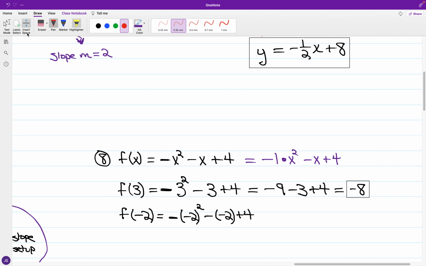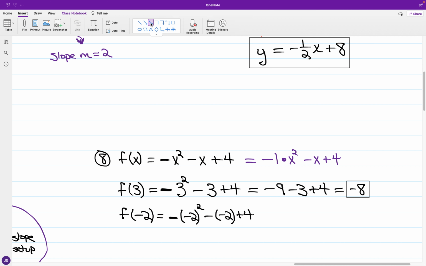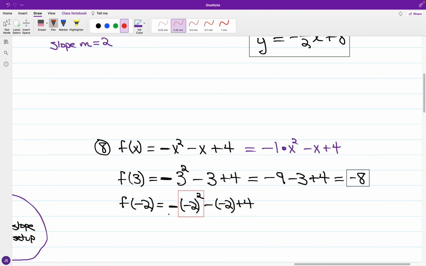Okay, now, let me mention, with the square of -2, just the square of -2, that would be 4, but I'm still taking the opposite sign of 4. So I got -4, subtracting -2, so this will be +2. So you have -4 plus 2 is -2. And in turn, we have -2 plus 4 comes out to 2.